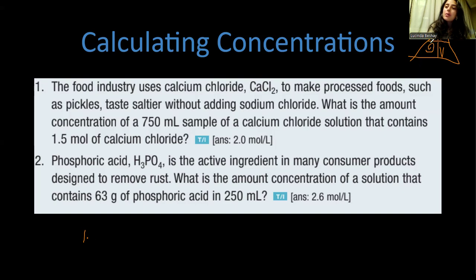If it's asking about C, then I need to do N divided by V, the number of moles divided by the volume. And if you remember from the exam, we had said that volume is always in liters. So I cannot input milliliters into this equation, but what I could do is I could convert the 750 milliliters into liters and start solving.